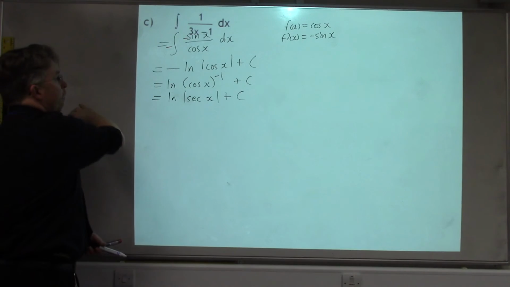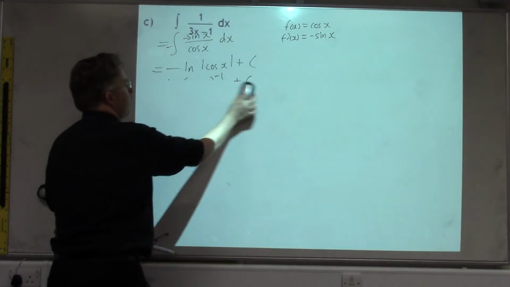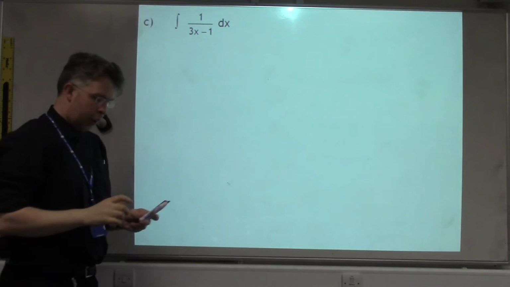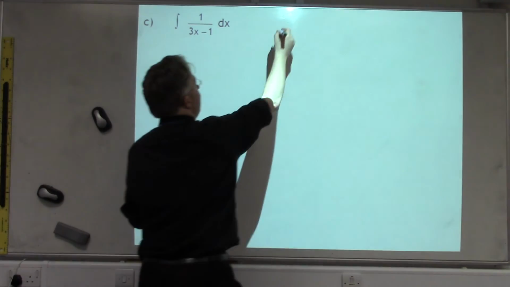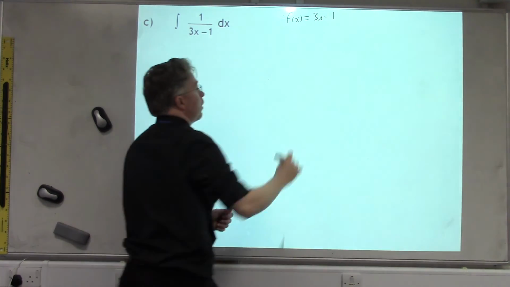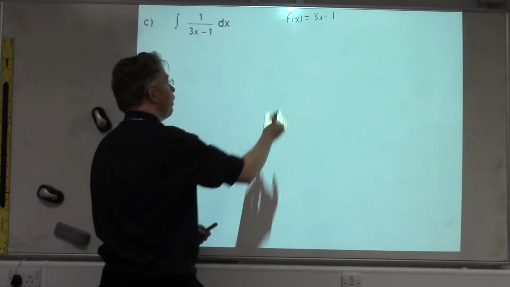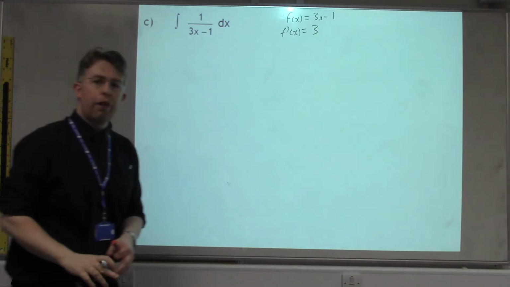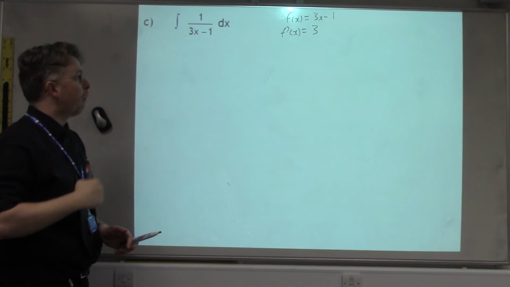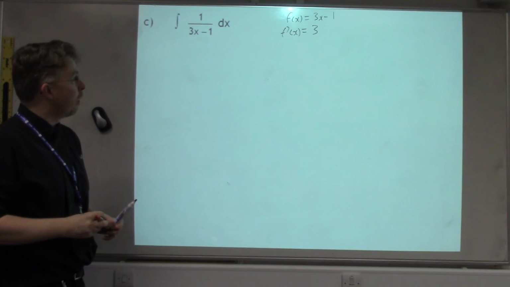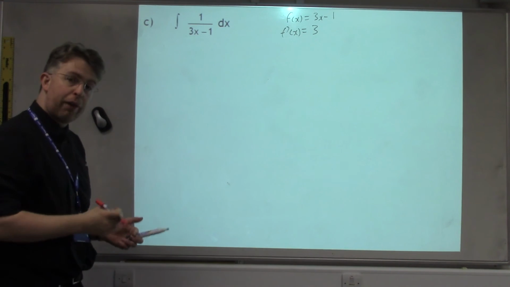Fairly common one, it revolves around linear factors. So our f of x is 3x minus 1. Our f dash of x is equal to 3. Now again, we haven't got 3 in our numerator, but as long as the only difference can be dealt with by dividing or multiplying by constants, then we can jig it around to make it work.